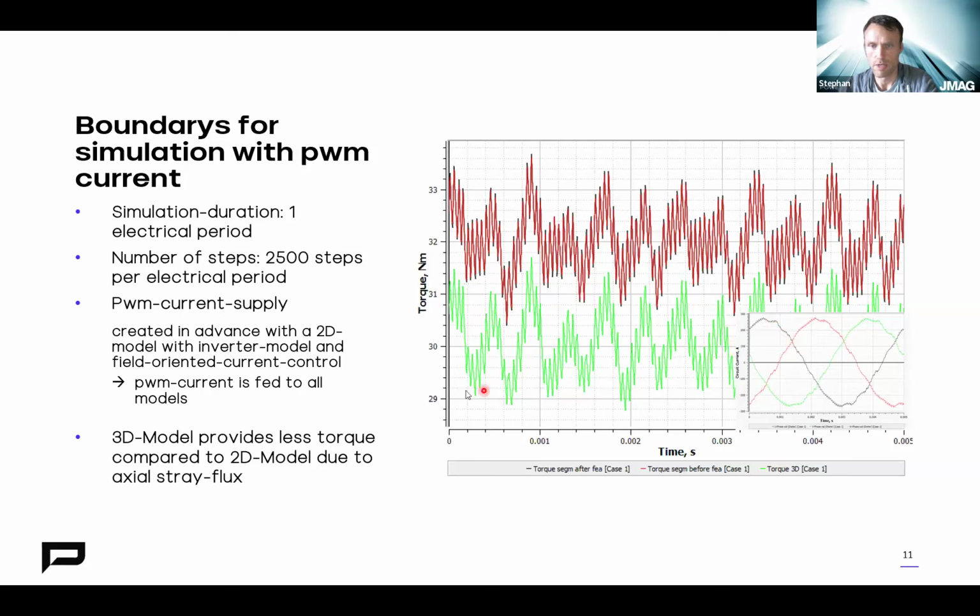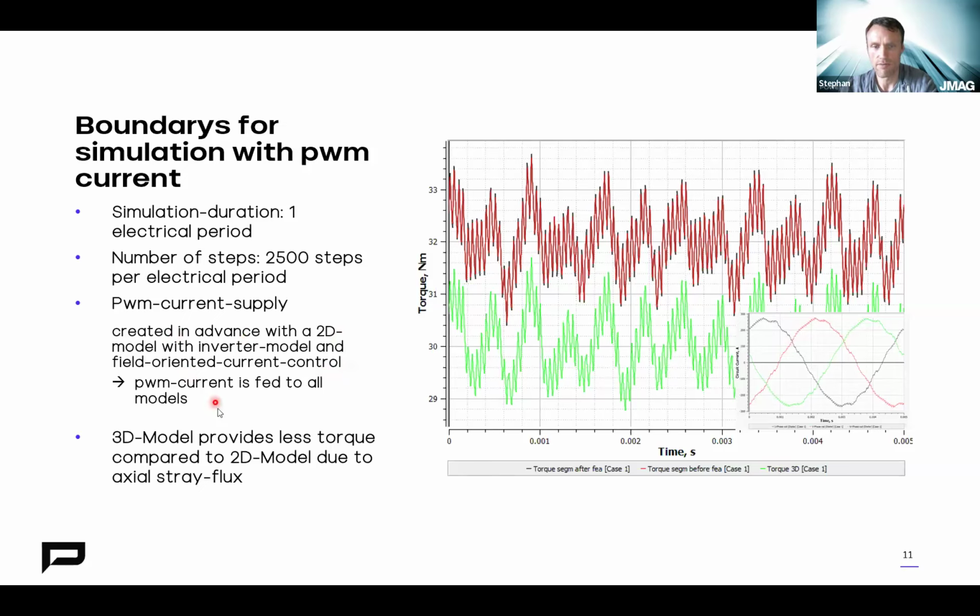And how did I create this PWM current, or how was the approach? So I used the 2D models with an inverter model, which already exists as a macro inside JMAC. And I used the field-oriented control. Also, everything is inside JMAC. And with this approach, I created a PWM current.